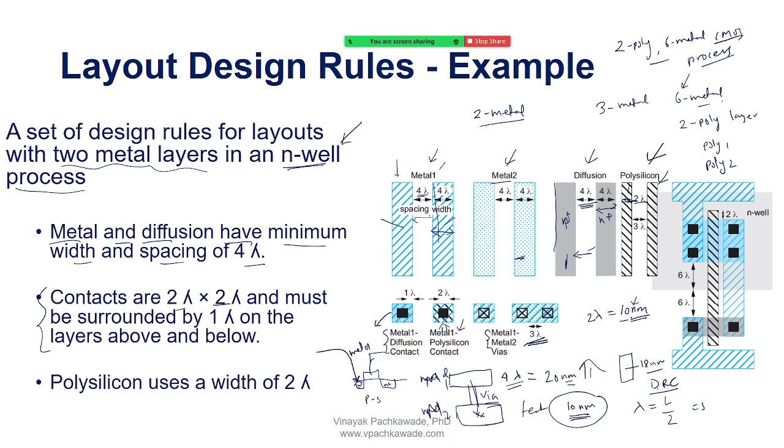If I am designing the layout with the 10 nanometer technology, I am given polysilicon to draw a minimum width of 10 nanometer, that is 2 lambda. I cannot go below that. So this is the understanding. But generally, as I said, you will have ready-made cells of NMOS and PMOS in your library that are predefined.